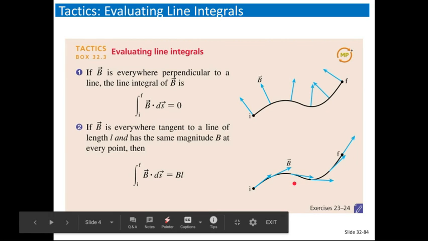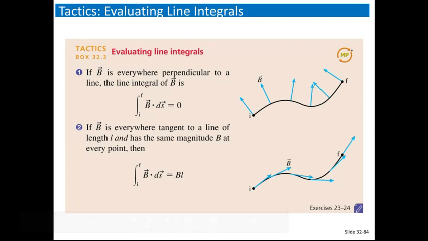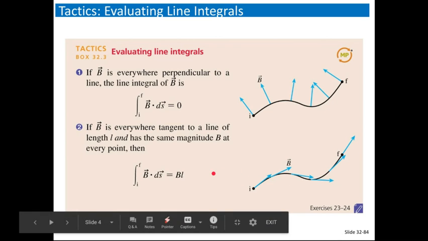So I don't have to take cos theta. For every little line integral that would make up the total line integral, it's just going to be B dot ds. So the sum there would be the intensity of the magnetic field, which stays uniform, times the total length of the path.